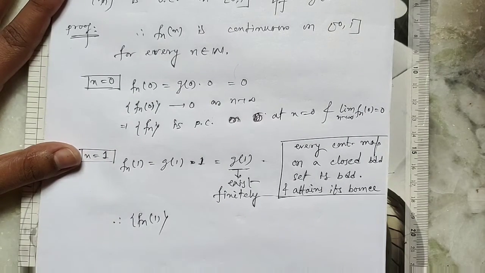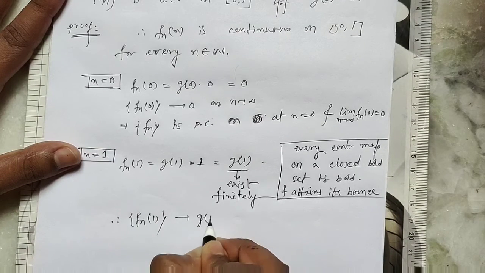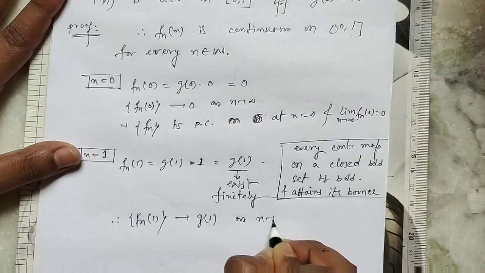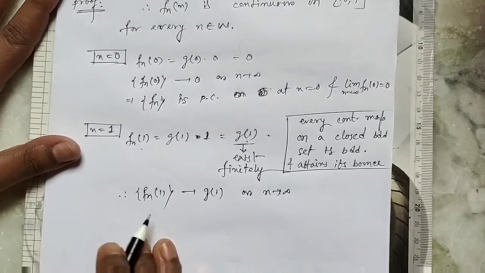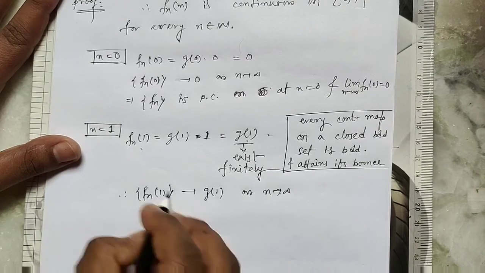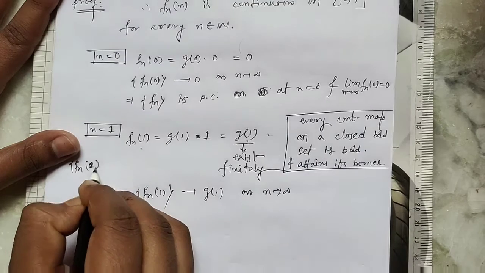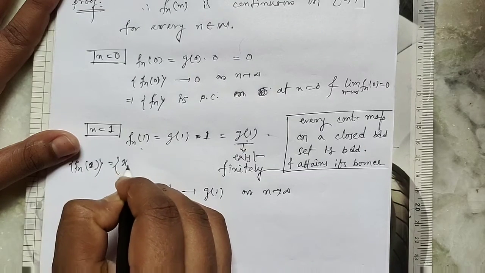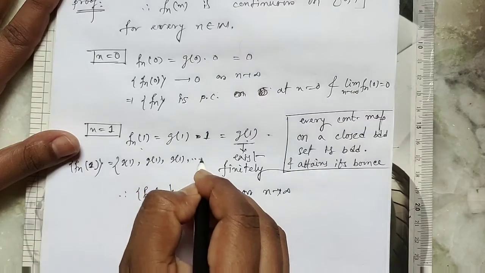so therefore the sequence fn(1) converges to G of 1 as n tends to infinity, because for every n this is equal to G of 1. So the sequence fn(1) is G of 1, G of 1, G of 1 and so on.